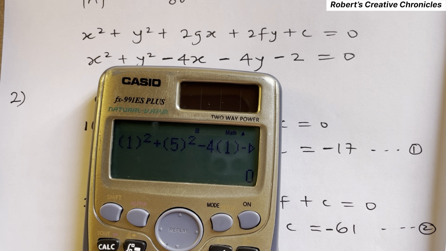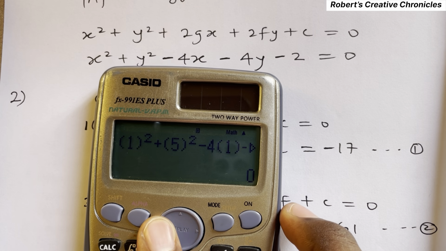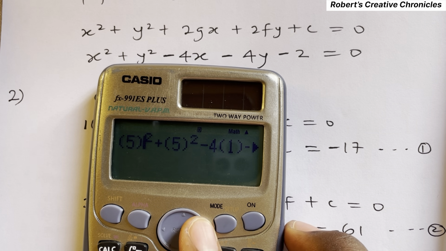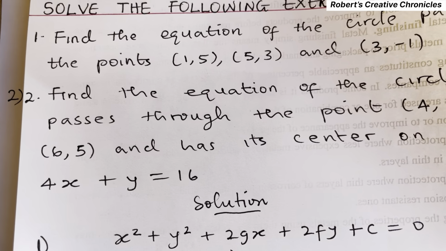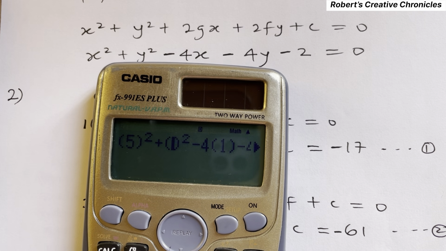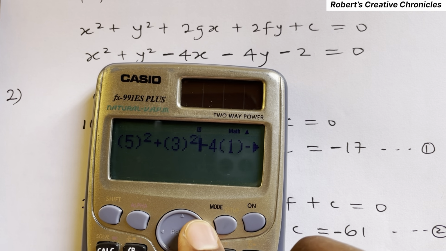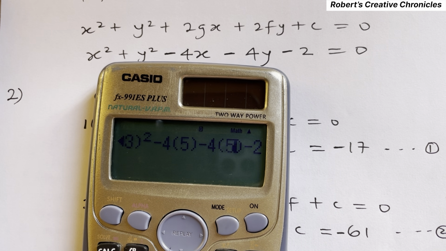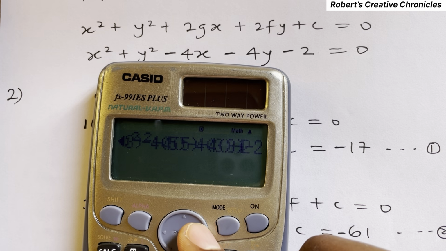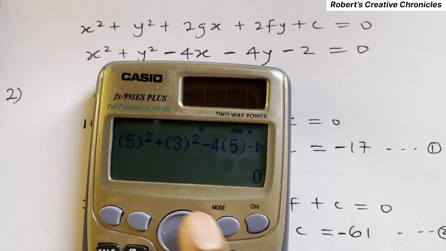You can see it's 0. If we substitute the second point also, the second point is 5 and 3. You see it's 0 again.